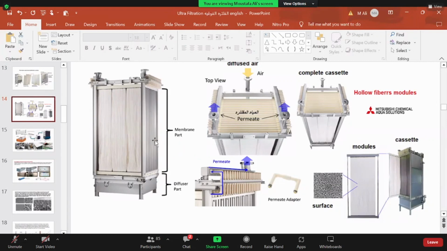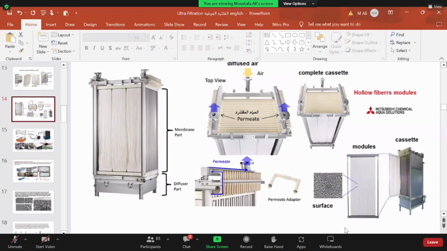The same thing we saw before in the flat sheet: this is the cassette. So in the flat sheet we have the membrane elements arranged in one cassette, and here we have what we call a module, the set of hollow fibers connected to one rectangular flat part, upper and lower.